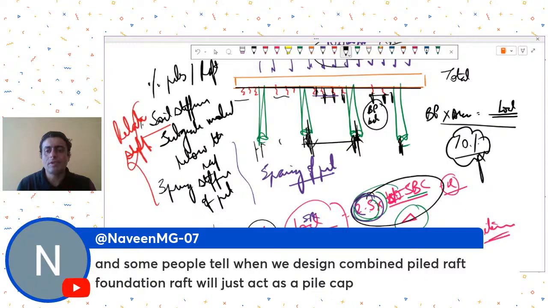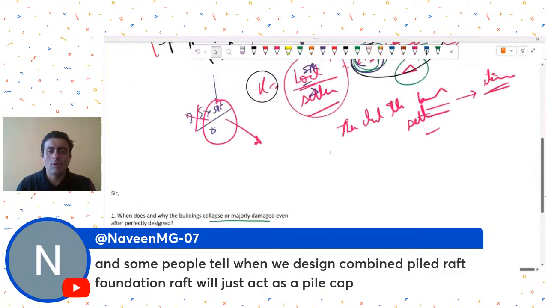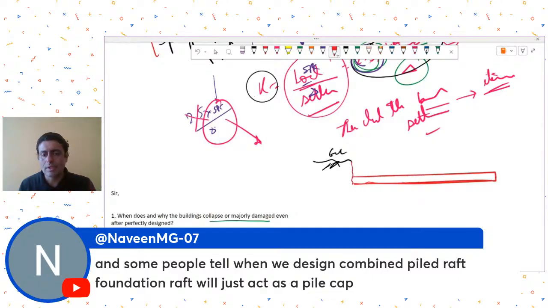Sometimes it may happen that you are not able to go very deep. So let's say this was your ground level, and because of a restriction or whatever conditions, you are not able to go very deep, and you had to provide this kind of a raft, and then provide your piles below it. Since you could not go very deep, the strata at this level is not very good, so you are not getting an adequate subgrade modulus of soil.